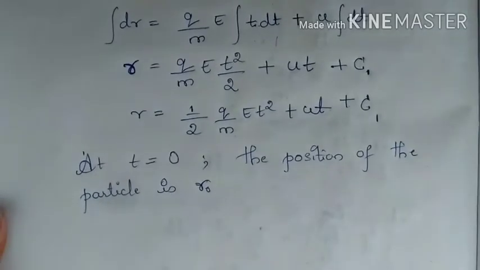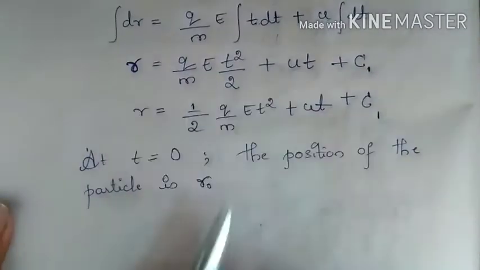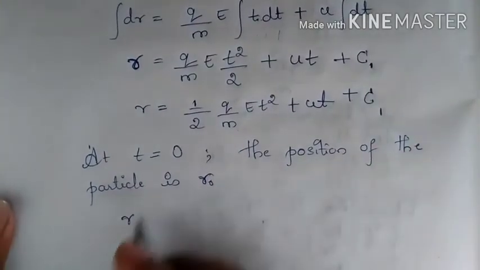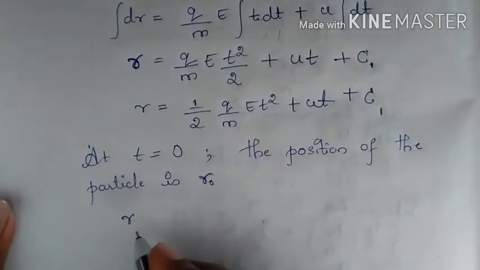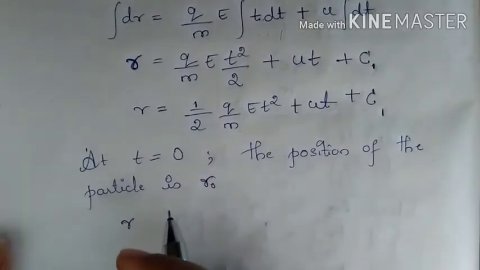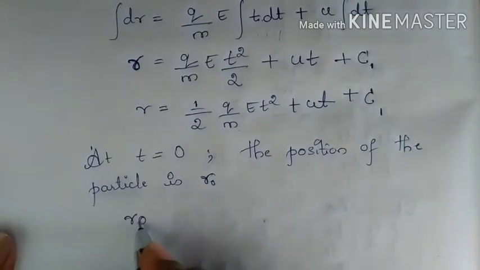Let us substitute this in the above equation. So what will we get? We have r, and now we have to substitute t is equal to 0. So the position is r naught.